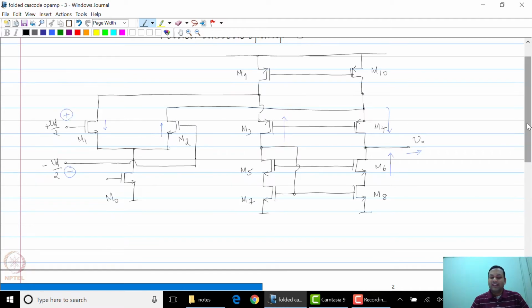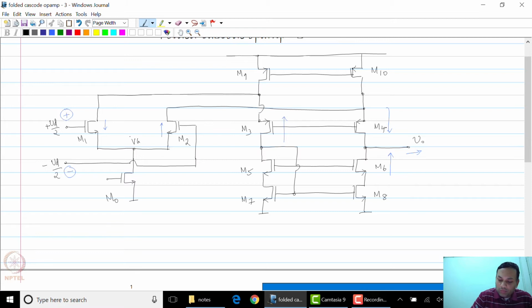If you were to look at the DC gain, you can see that the current through M1 and M2, because this is a differential pair with this node being a virtual ground, the current through M1 would be Gm times Vd by 2 going downwards. The current through M2 would be Gm times Vd by 2 flowing upwards, because a minus Vd by 2 voltage is applied at its gate.